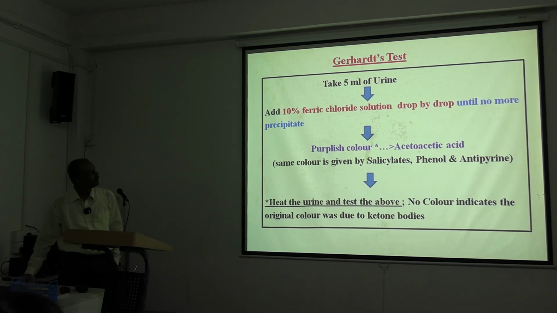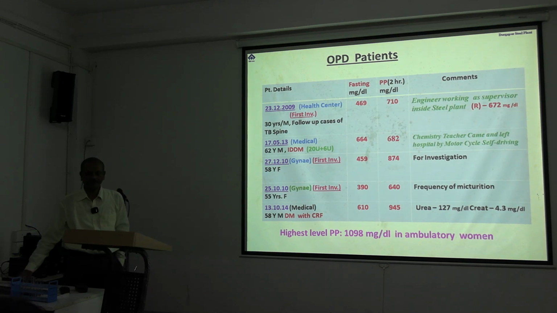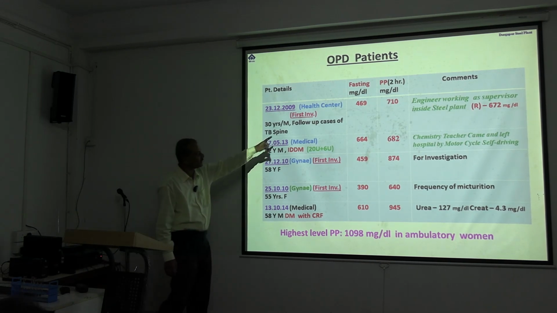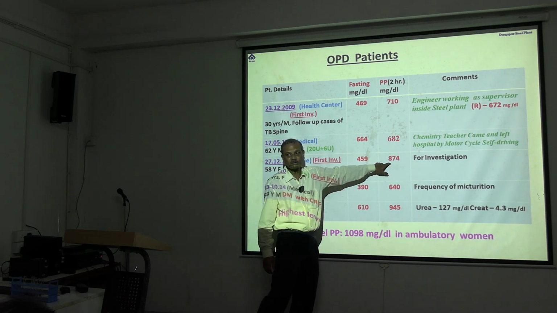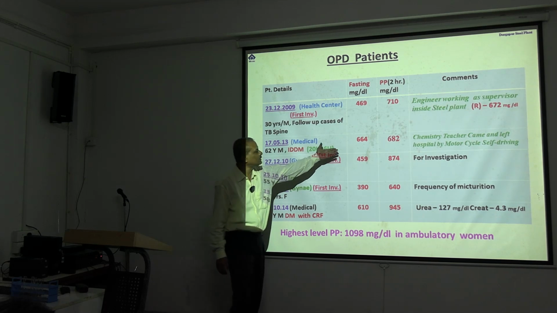I have seen this from my own actual study. This is the end of this class. Even in the OPD you will get this type of figures. These are abnormally high figures. You see 874. And this person is a chemistry teacher known to me.